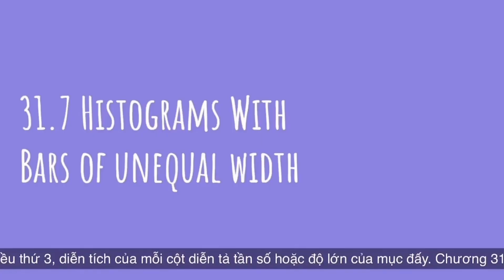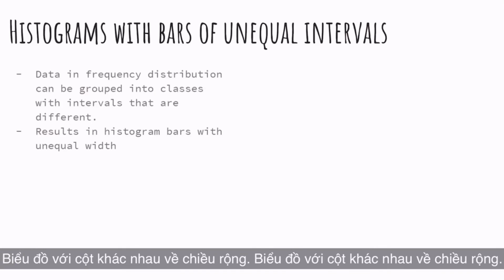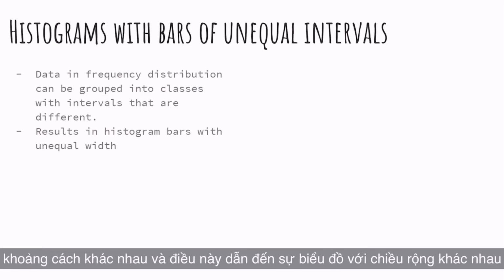Chapter 31.7 is about histograms with bars of unequal width. Data and frequency distributions can be grouped into classes with different intervals, and this results in histogram bars with unequal width.